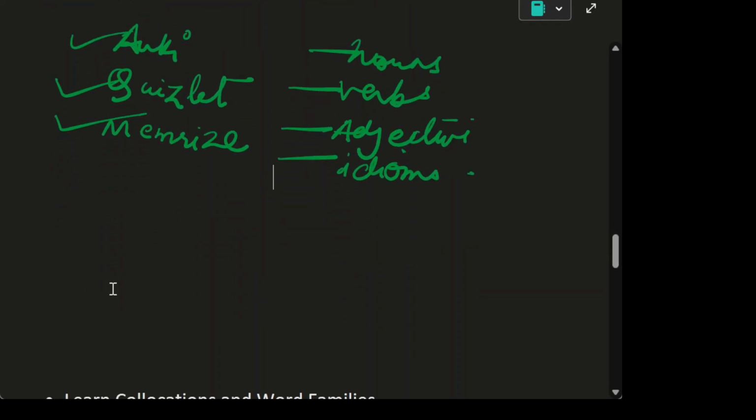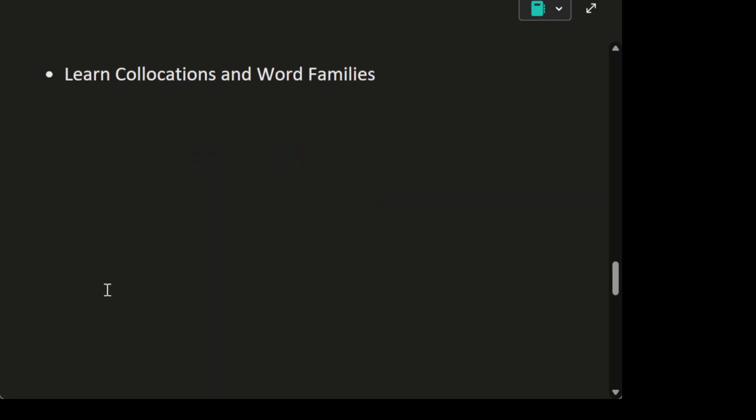Okay, so let us go on to the next one, which is learn collocations and word families. Now, TOEFL examiners assess your proficiency in using words in a natural context. So you need to see to it that as much as possible, you are spontaneous and at the same time, you sound quite natural. What you need to do for that is familiarize yourself with word families.